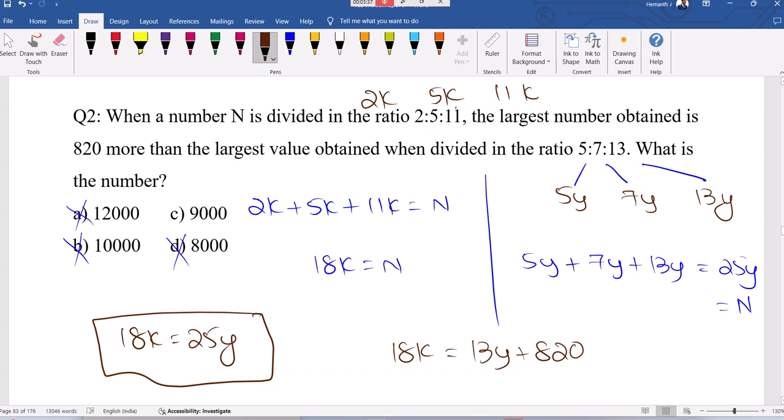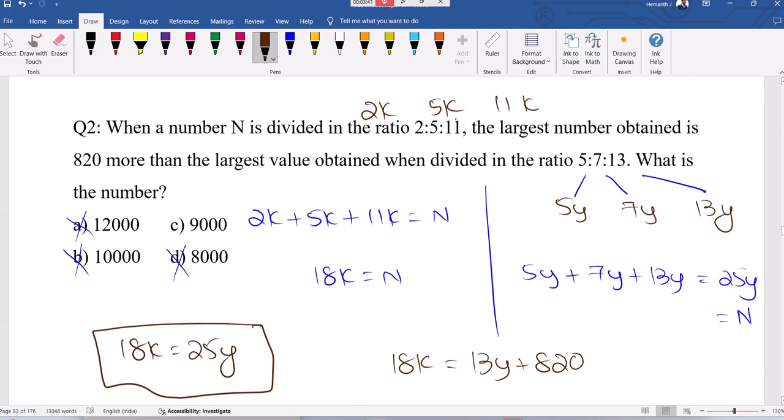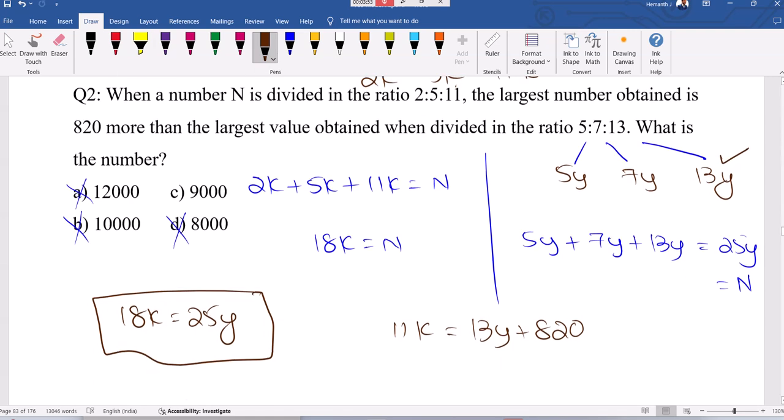In the first part, the largest one is 11k, not 18k. The 11k in the first part should be 820 more than the largest one in the second part, which is 13y.